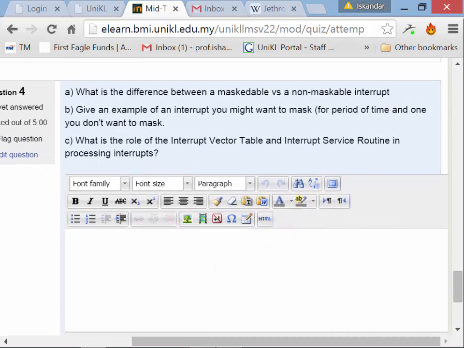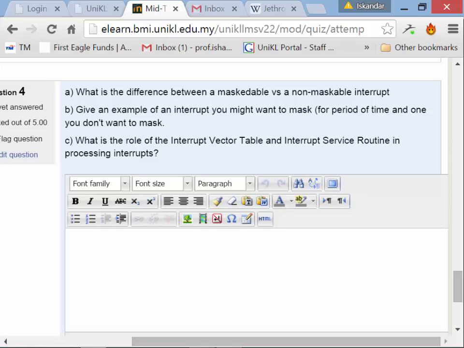All right, this is again 5 points. Explain the difference between a maskable and a non-maskable interrupt. The name itself tells you what the answer is. You can program the microprocessor to ignore a maskable interrupt. You cannot ignore a non-maskable interrupt.